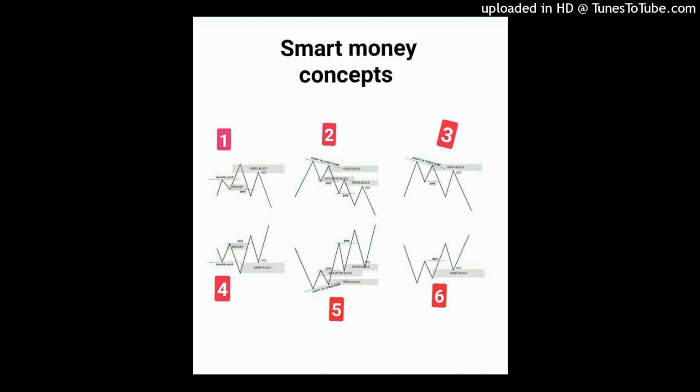Because if it's created several inefficiencies along the way, that tells us, okay, this is a strong order block. Whereas if you get a break of structure from a very small move like this, I wouldn't say that's a strong order block. Okay, so it's understanding a bit more about what's actually happening in the market.